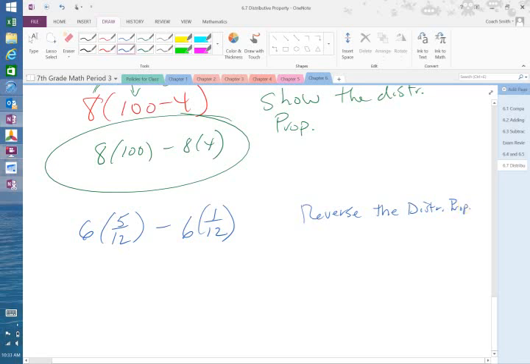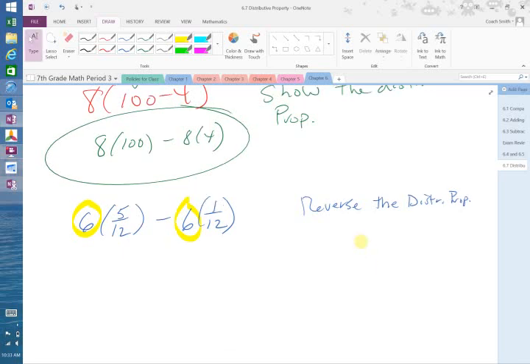Well, to reverse it, we look for a common factor. What's the common factor? No, 6, the one I circled in yellow. That would be the common one. 12's not a number. 1/12 is a number. 5/12 is a number. That's not the same number. The only one that has the same number is a 6.